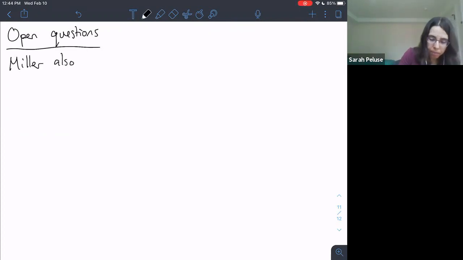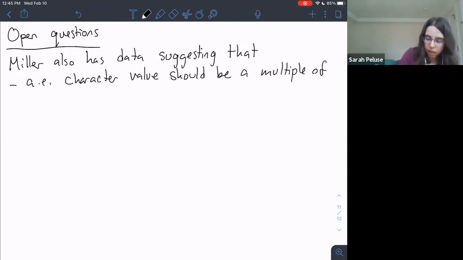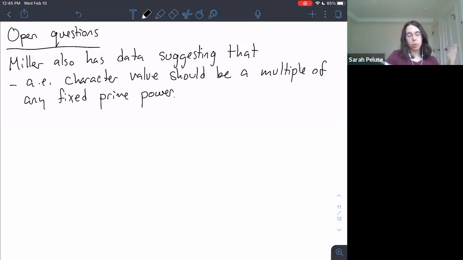He also has data suggesting that almost every character value should be a multiple of any fixed prime power. So showing this, it would then follow that for any fixed integer, almost every character value is divisible by that integer.